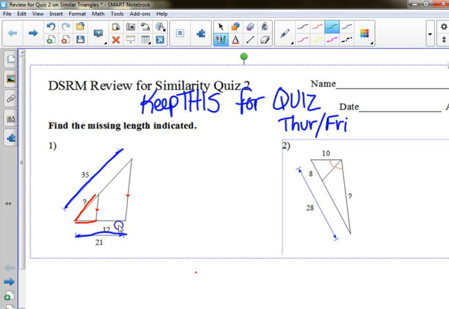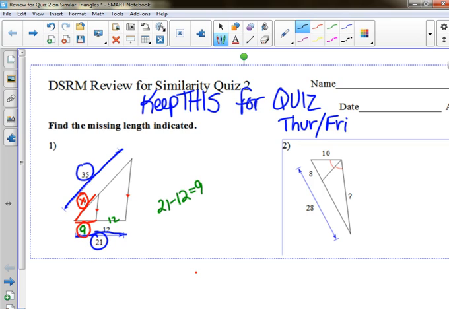So right down here, if this is 12 and the whole thing is 21, we can do 21 minus 12, which I'm thinking is 9, and that's this little piece. So now in the little red triangle, we have a 9 and an x. And in the big triangle, we have a 21 and a 35.